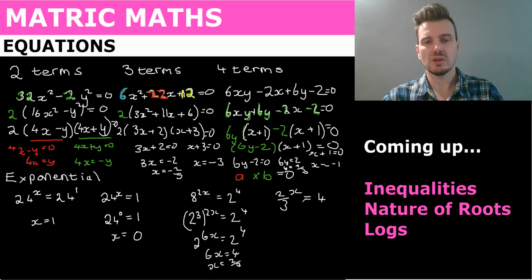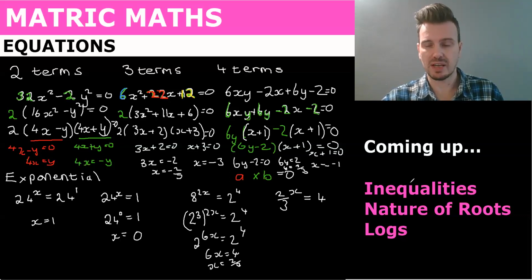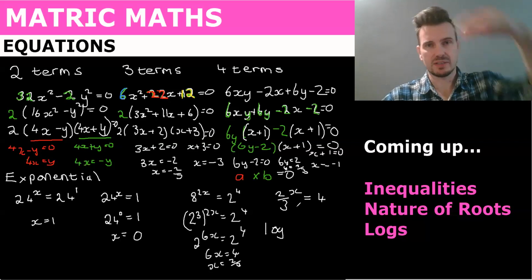And finally, if you can't get the bases to be the same, you can use your logs. I've already got a series on logs coming up, so I'm not going to go into great detail on how we do this, but just know that log base number equals exponent is the thing you need to remember. I'll talk about that in the video on logs. Base is the number, like the base of a tree has leaves at the top.